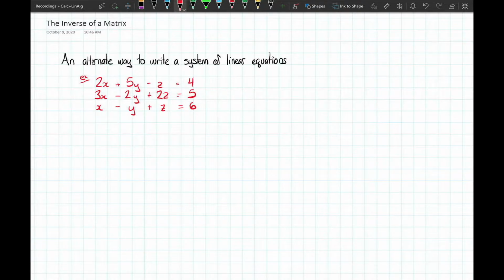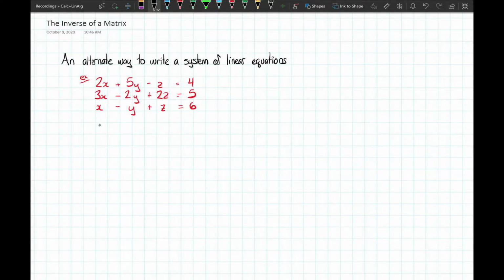Okay, to see where this idea of having to divide by a matrix comes from, we can take a look at an alternate way to write a system of linear equations. Here I've got 3 equations and 3 unknowns, and we know that we could write this as an augmented matrix. But there's another way that we can also write this equation.